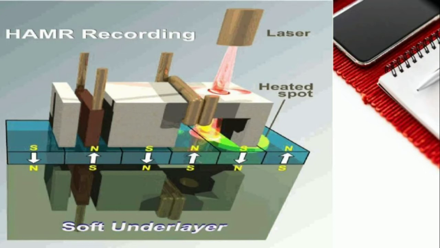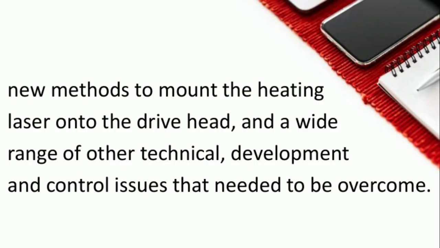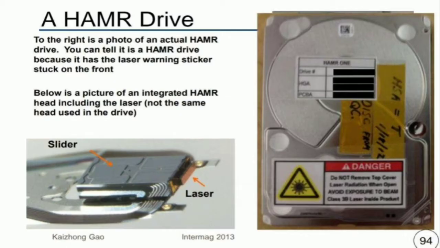As you can see in this picture, that is the HAMR recording system. New methods to mount the heating laser onto the drive head and a wide range of other technical development and control issues needed to be overcome.